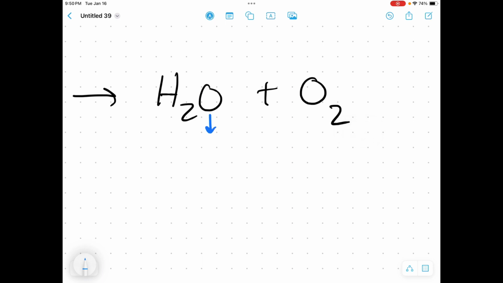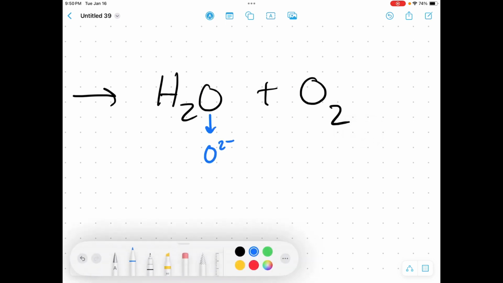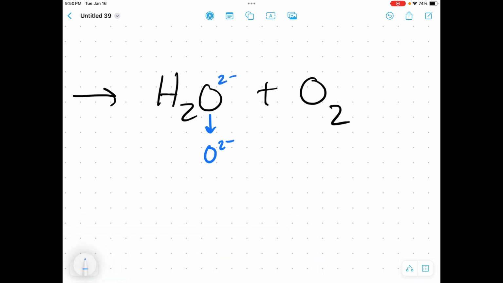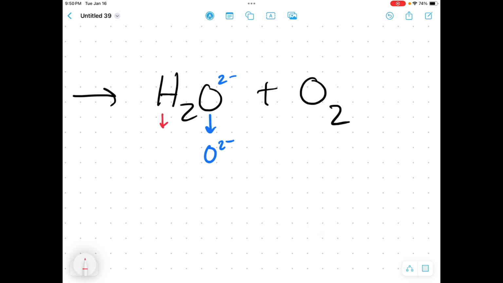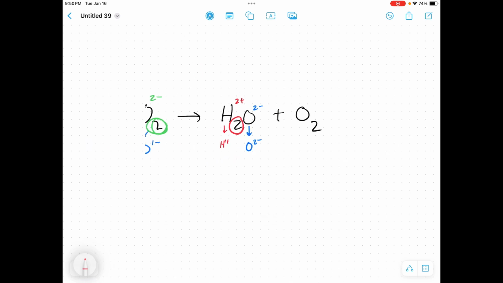On the product side, oxygen, 2 minus, so there's only 1 of them. Total contribution there. Hydrogen is going to be +1. There are 2 of them, so 2 minus, 2 plus. So in this case, same charges.